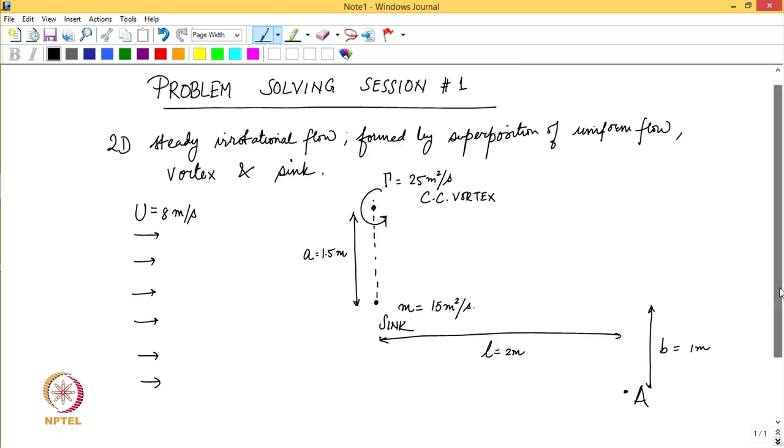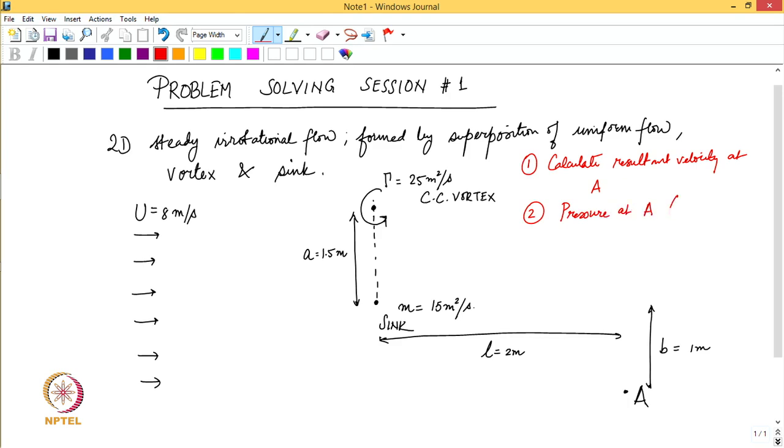So, the question is saying that we need to calculate first the resultant velocity at A, all right, and the second part is calculate pressure at point A, given that the fluid is water.